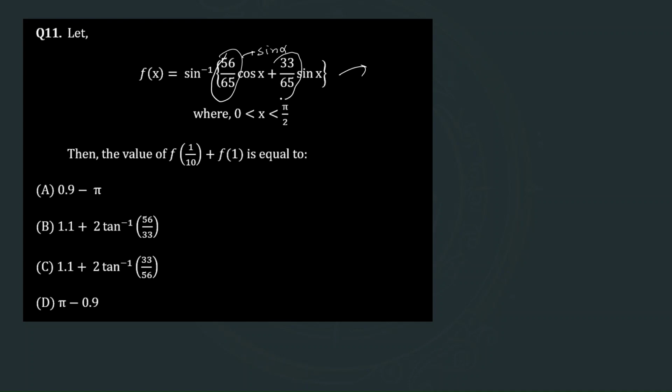Now if you draw the triangle, you can see that it will be equal to cos alpha, where alpha is tan inverse 56 by 33. So our f(x) comes out to be sine inverse of sine alpha cos x plus cos alpha sin x. So sine of x plus alpha.